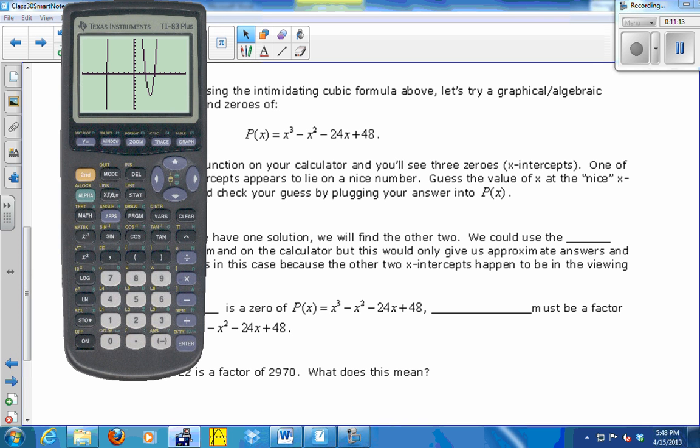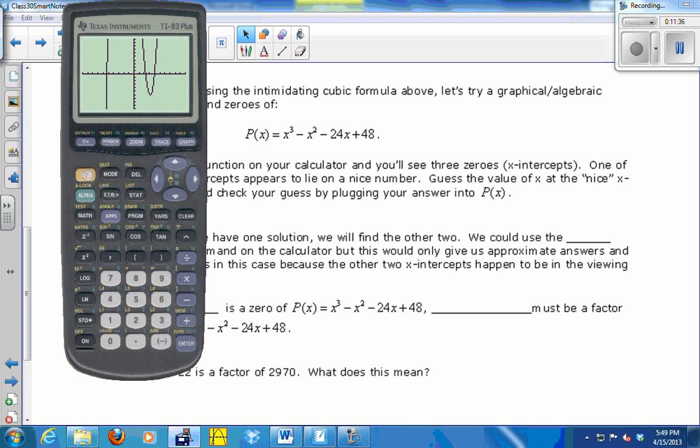One of them looks like it goes right through a nice integer number. This one on the far right looks like it's 1, 2, 3, maybe 5. I don't know, it's hard to tell. Maybe 6, 4. It's 4. Okay, so we can calculate it perfectly.